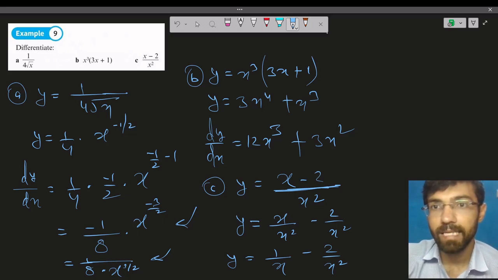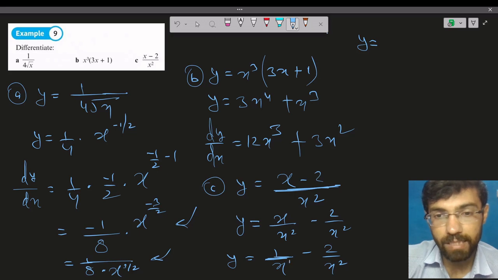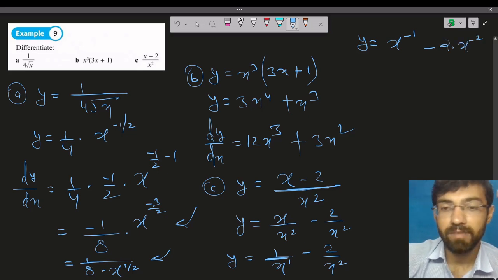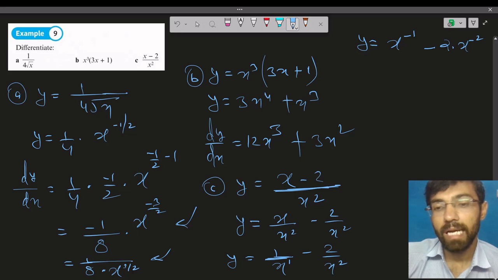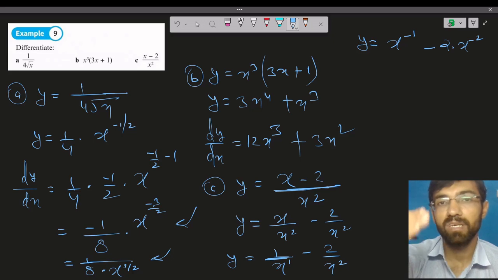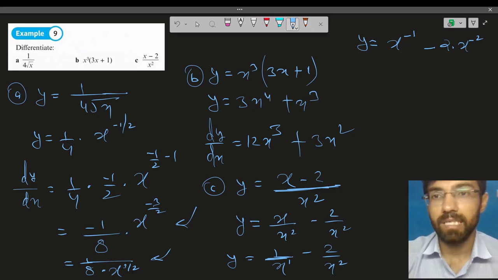So can I write y equals x raised to minus 1, minus, similarly, 2 into x raised to minus 2. What we did: x square was in the denominator and now x square is in the numerator. So when you move from numerator to denominator or denominator to numerator, the sign of the power changes.